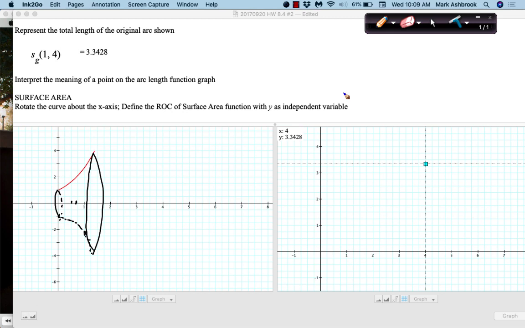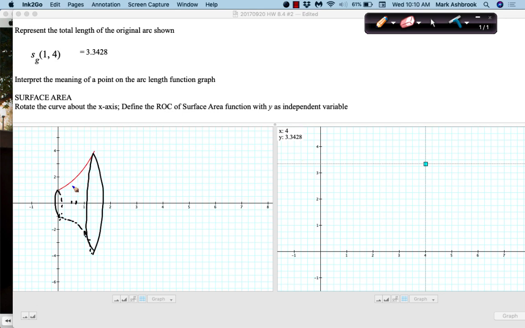Would it be standing up vertically, or would it be laying out horizontally? The ribbon. Is it going to be like a vertical ring or a horizontal ring? So is it going to wrap around vertically or horizontally? Vertically, right?